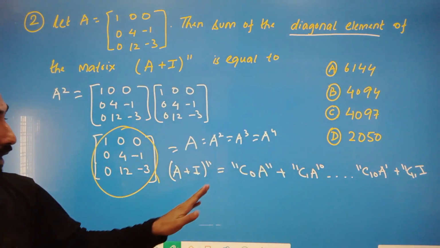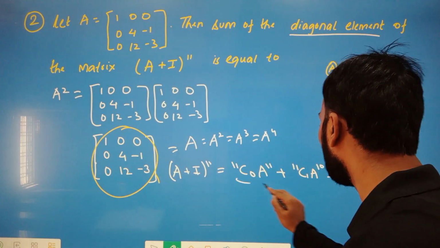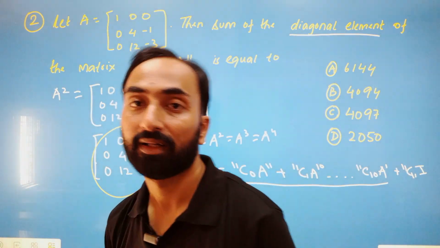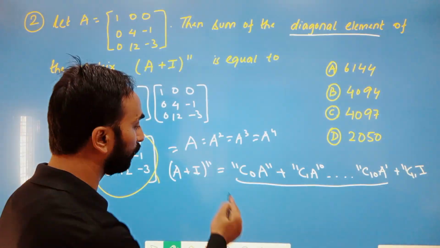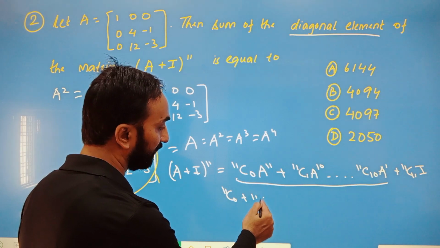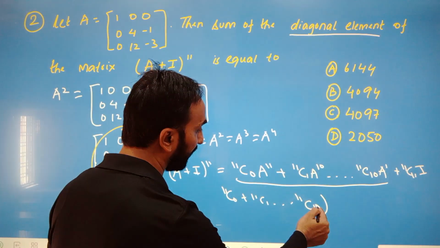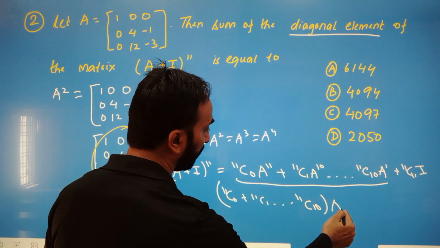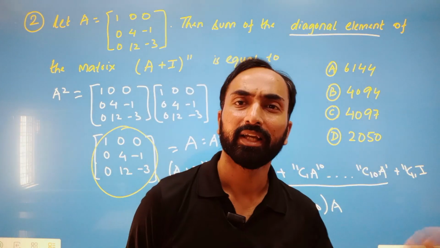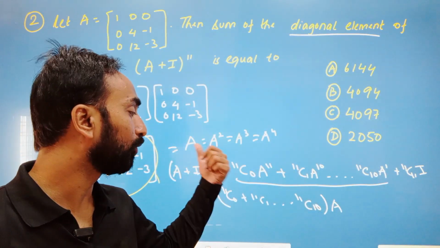Now what we can observe is that in the terms from the first up to 11C10 there is one common term, and the common term is A. So I can write 11C0 plus 11C1 up to 11C10, and I can take A as common, because A to the power 11 is equal to A to the power 10 and so on. Any power of A is equal to A only.